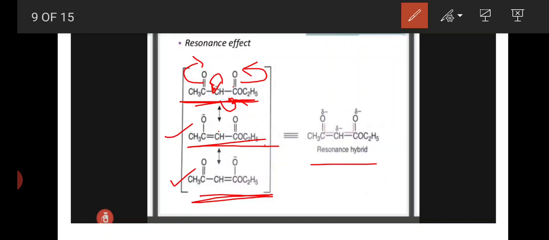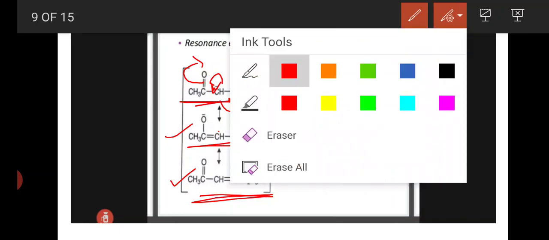And the resonance hybrid is this: CH3C single bond O, CH single bond C, O minus OC2H5. Here two oxygens show partial negative charge, and this carbon also shows partial negative charge. That means the negative charge is delocalized over three atoms, oxygens and carbon. This is the resonance hybrid structure.